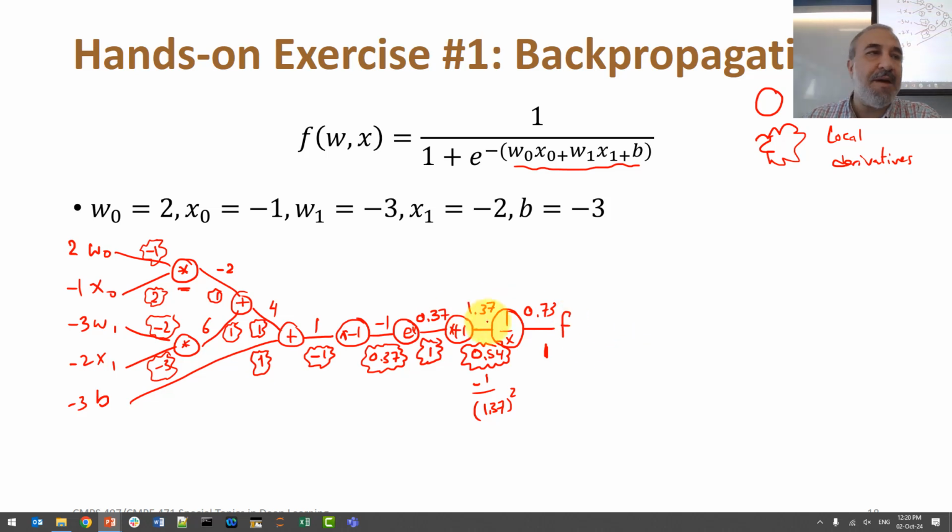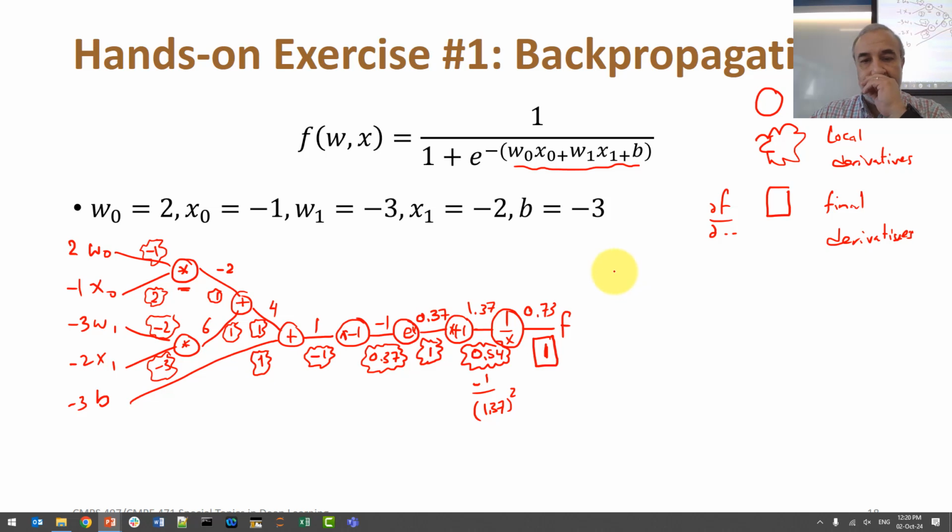Okay, now let's do the backward pass, and the goal of the backward pass is to get to the actual derivatives of the final output with respect to every variable. Okay, so df by df is 1. Now we need the actual derivatives. So this is df by d something here.